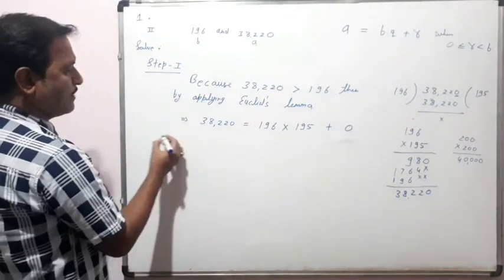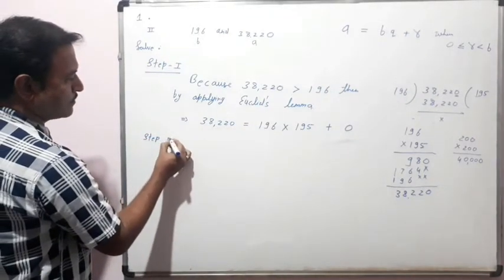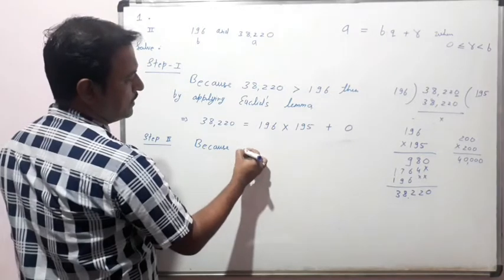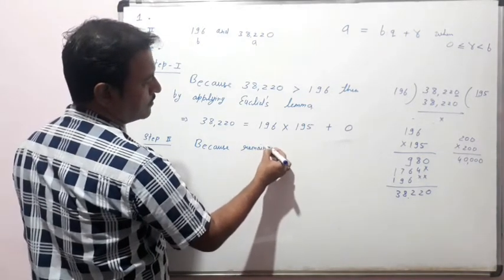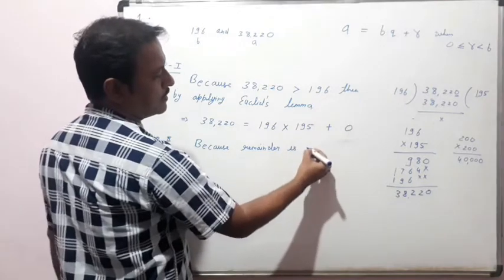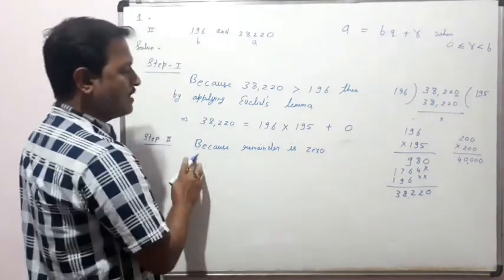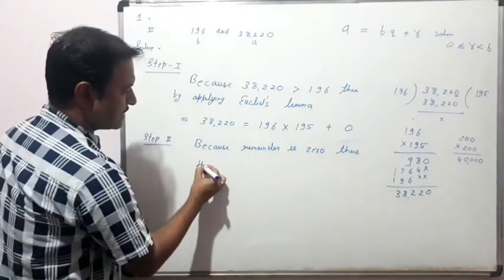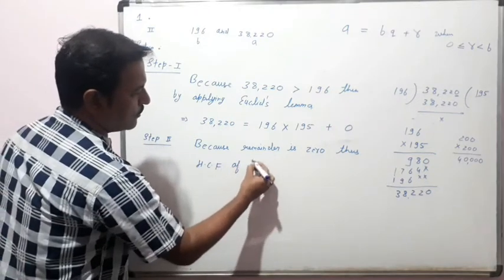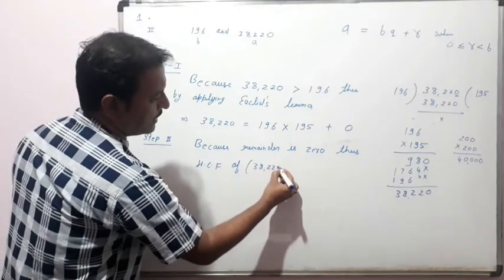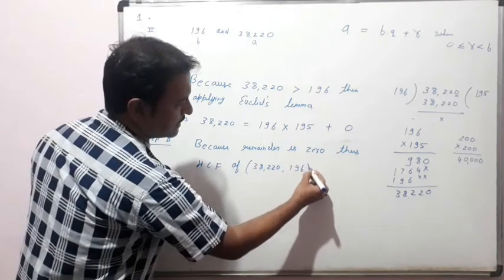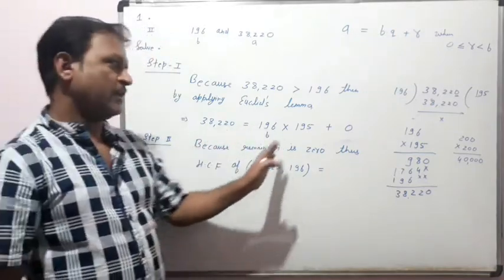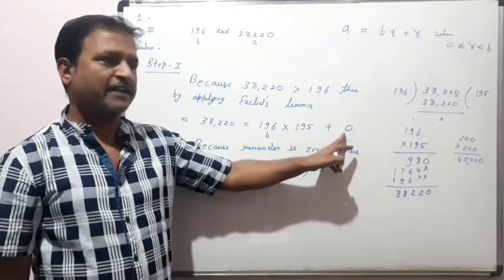So what we write? Step number 2. Because remainder is 0, thus HCF of 38,220 and 196 is 196. Yes, because remainder is 0, thus HCF of 38,220 and 196 is equal to the value of B in the step in which we get remainder 0.